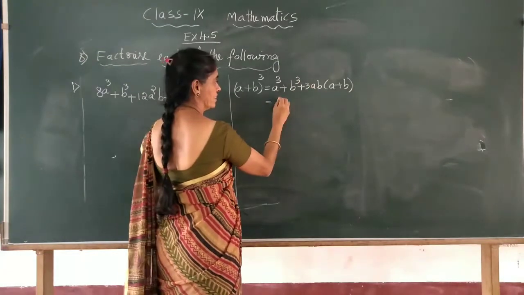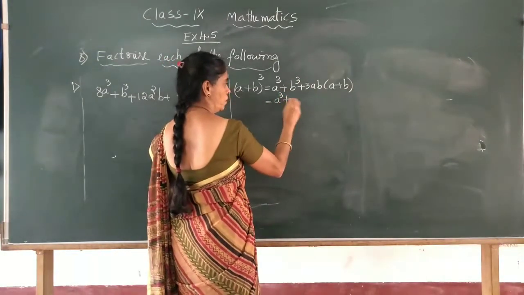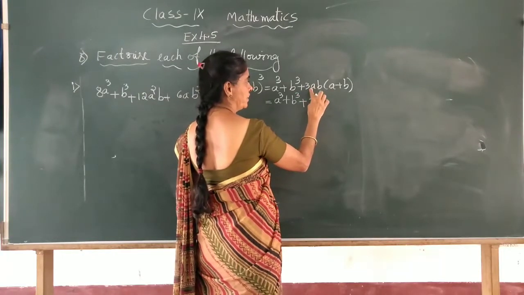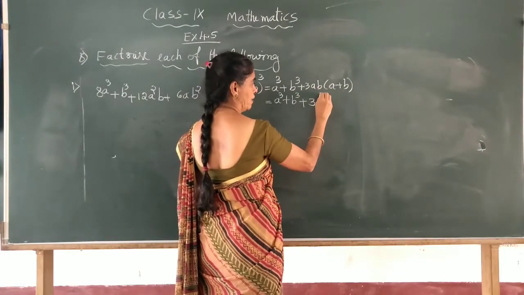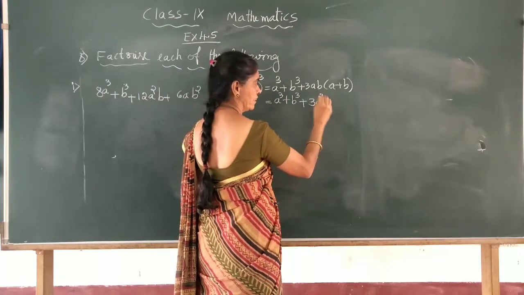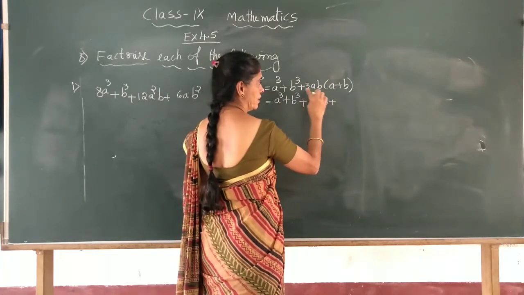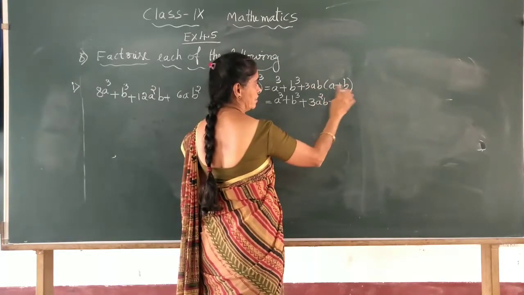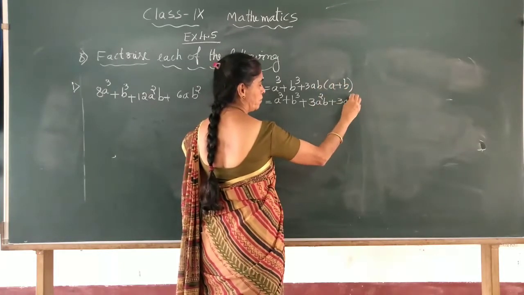If you simplify this, what will you get? a cube plus b cube plus 3 into a, 2 times a multiplied, so 2 will come in the power, b is only one term. So, b plus again, if you multiply 3, only one a, b into b square.